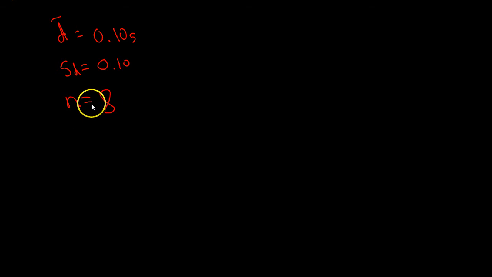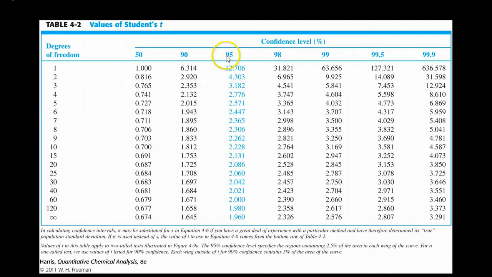Your degrees of freedom in this case are just going to be the number of samples, which in this case is 8, minus the number of averages. We only have one of those, so your degrees of freedom are going to be 7. So then we want to look through our table here. In this case, again, I don't specify, so we're going to assume it's 95%. You're looking at the 7 degrees of freedom level, so it's 2.365.